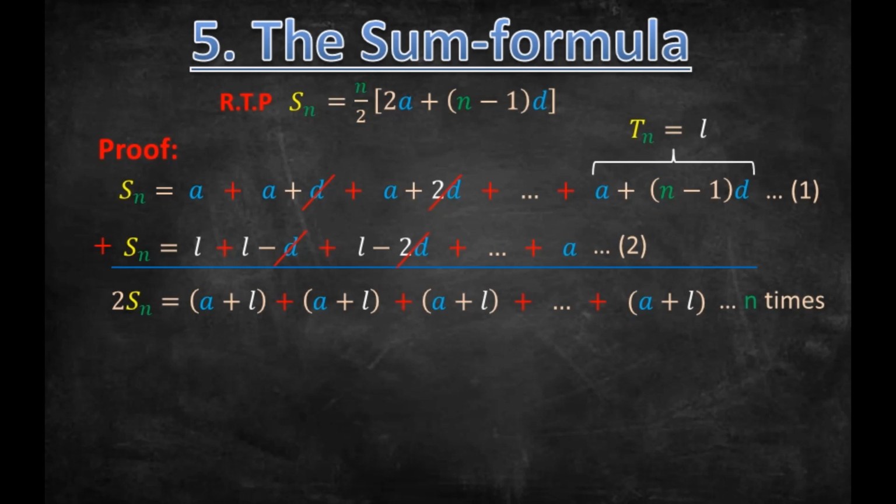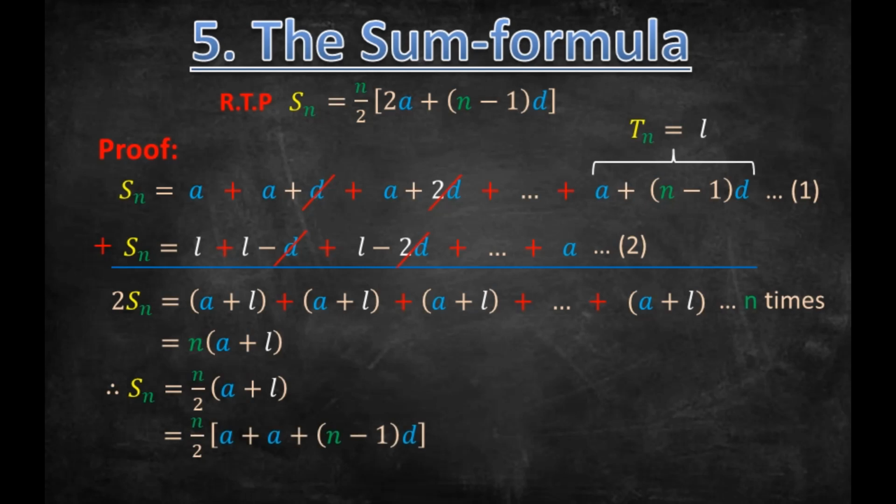So on the right hand side we get n times a plus L. We now divide by 2 on the right hand side, and then we replace L with the original term a plus n minus 1 d, and adding the a's in the square brackets gives the desired result.